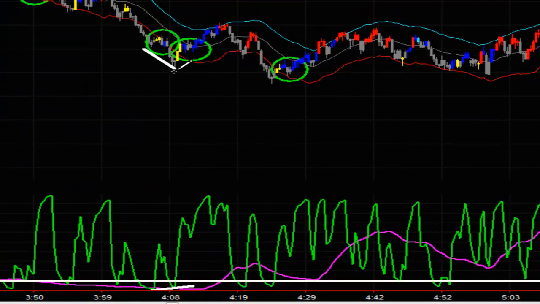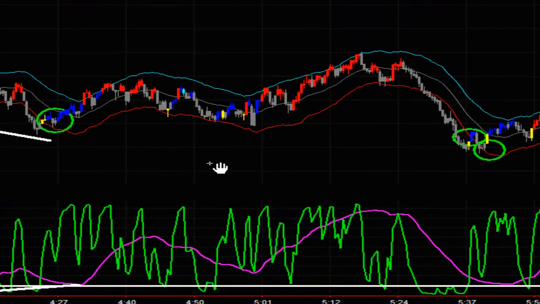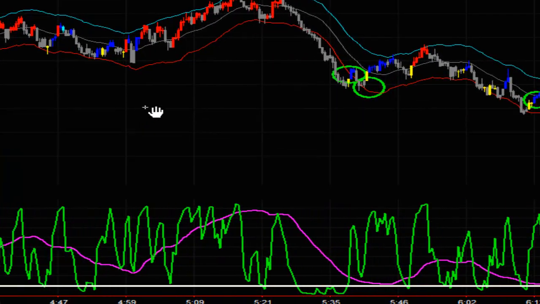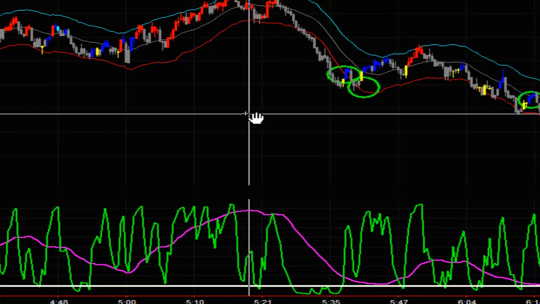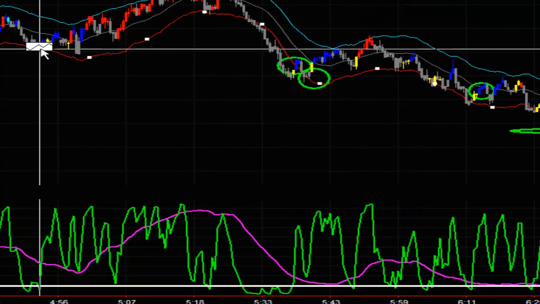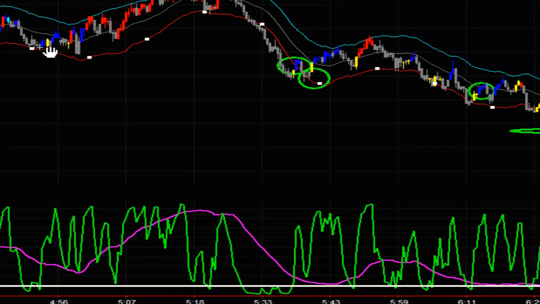And we also have a set of divergence on the purple RSI here. Okay, so this is another trade here. This trade here you could have played as a pullback for a higher high.